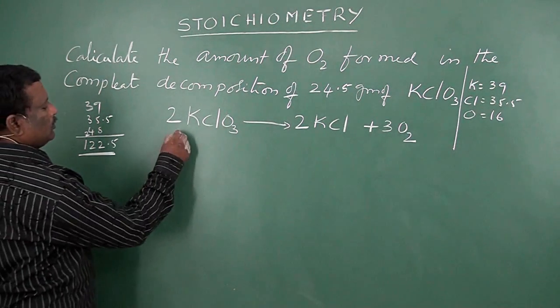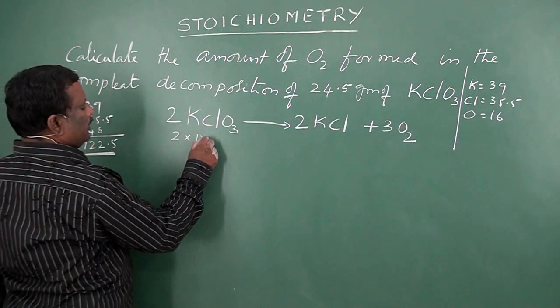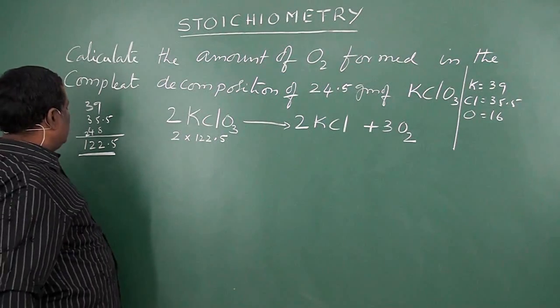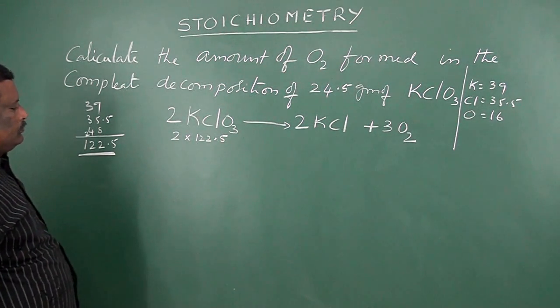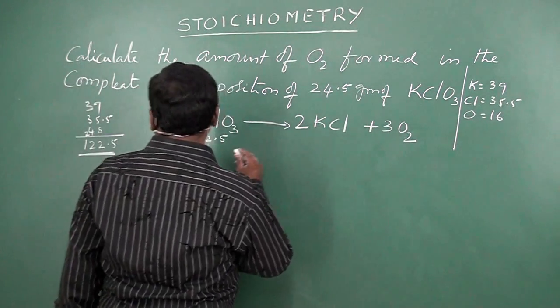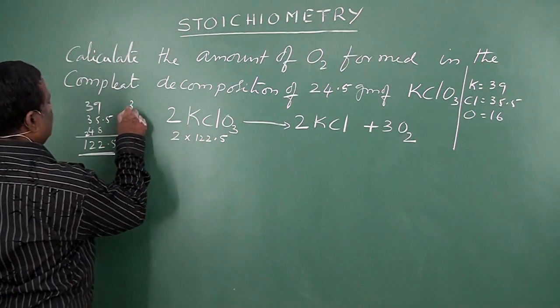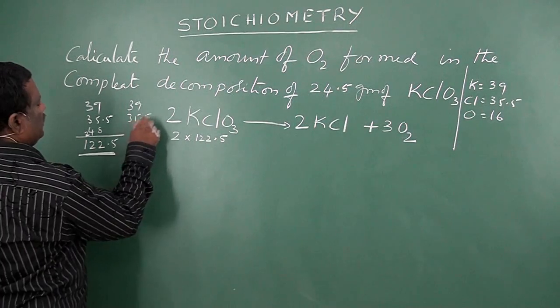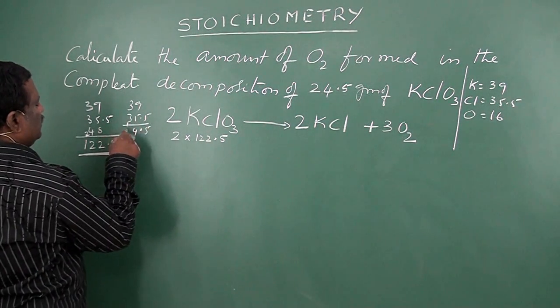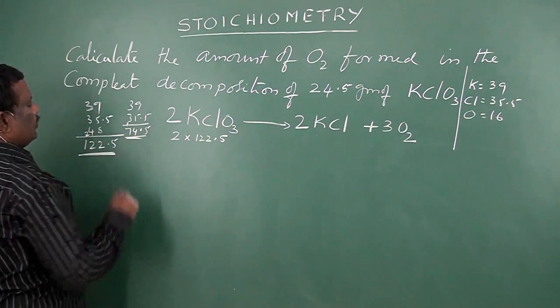But 2 into 122.5, that is 245. Then KCl: 39 plus 35.5 is 74.5.